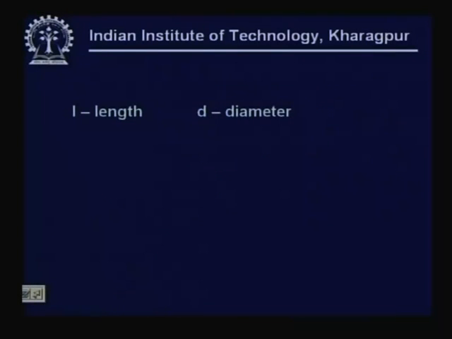So, as I said, length and diameter play a role, and oftentimes designers ensure that this ratio of length to diameter is kept constant. So, in any fluorescent lamp, an attempt is made to keep length to diameter constant, and that is a very valid, important issue.